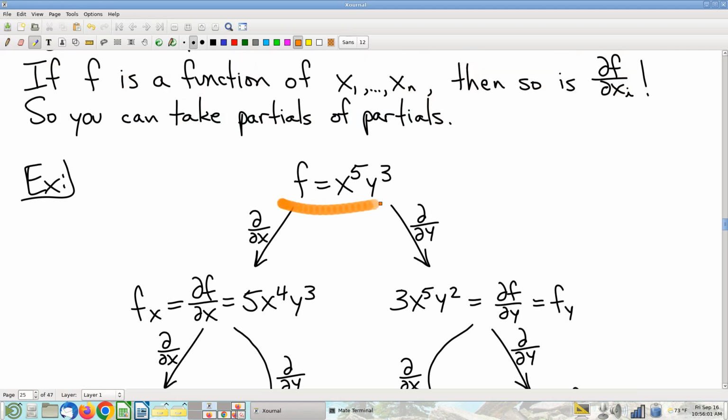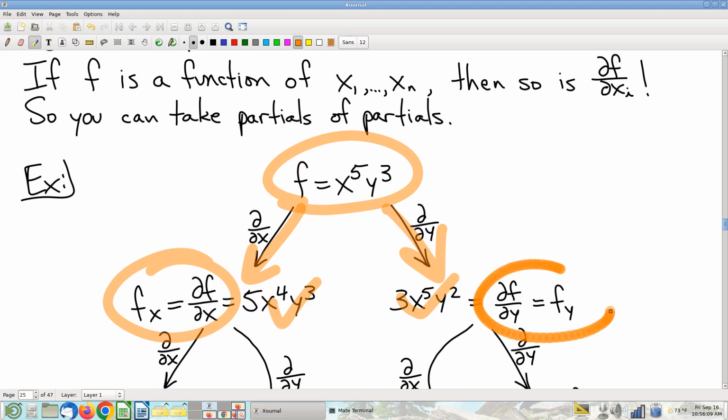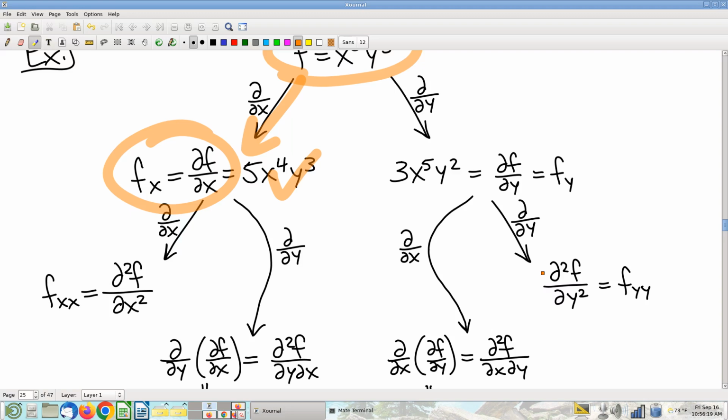Starting with an example, there's a function, there's the x partial, there's the y partial, no problem. We've talked about the notations before. Easy algebra. Now, let's just point out that you can take partials of these partials.